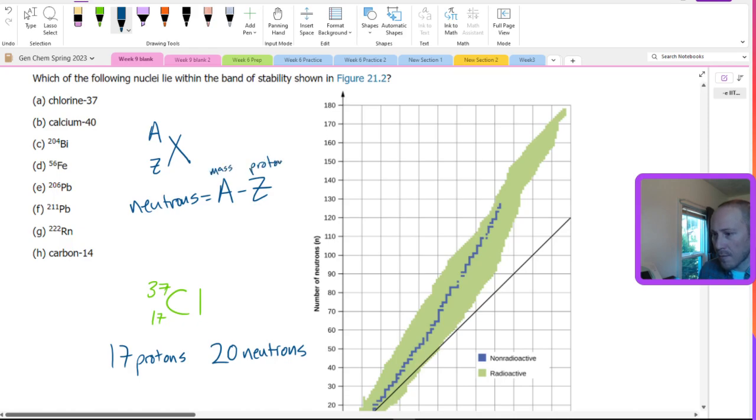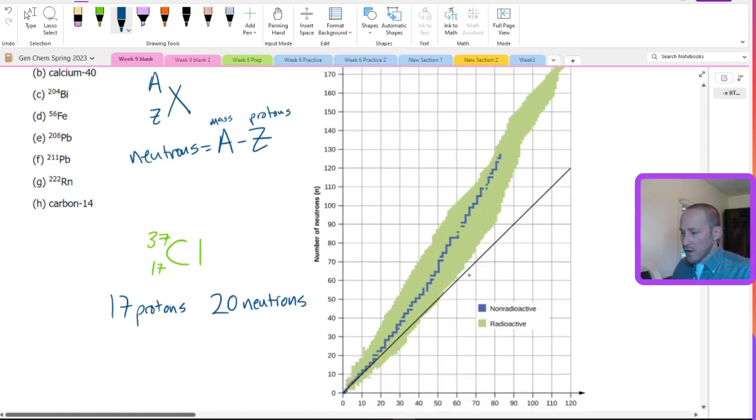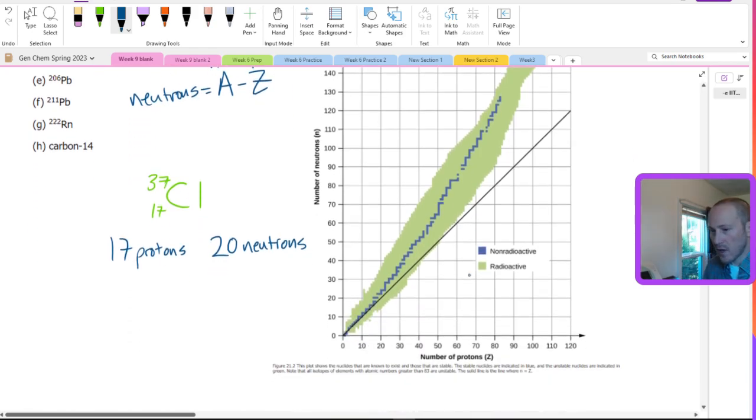It's that simple. So now we're going to look over here and just find 17 and 20. We have our x-axis is our Z, our y-axis is our neutrons, and by Z in this case we mean protons, and positive charge, incidentally.